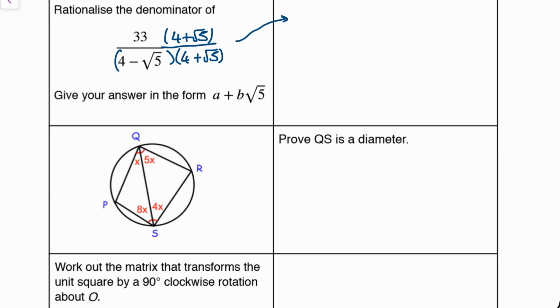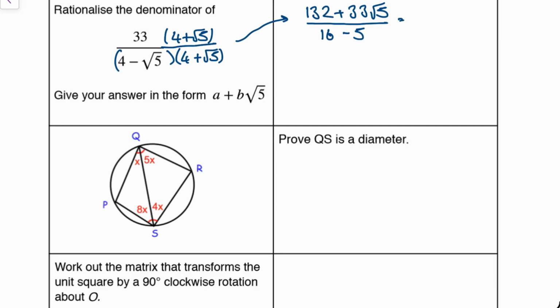So top, 33 times 4 is going to be 132, plus 33 root 5. And I'm dividing all of that by 16 minus 5, which is obviously going to be 11. And that's going to give me, well, there's not much to simplify here, is there? So actually, no, there is. Of course it does simplify.